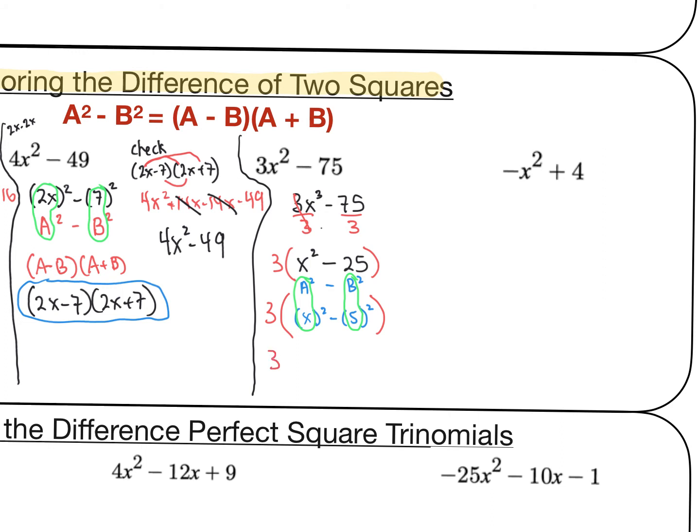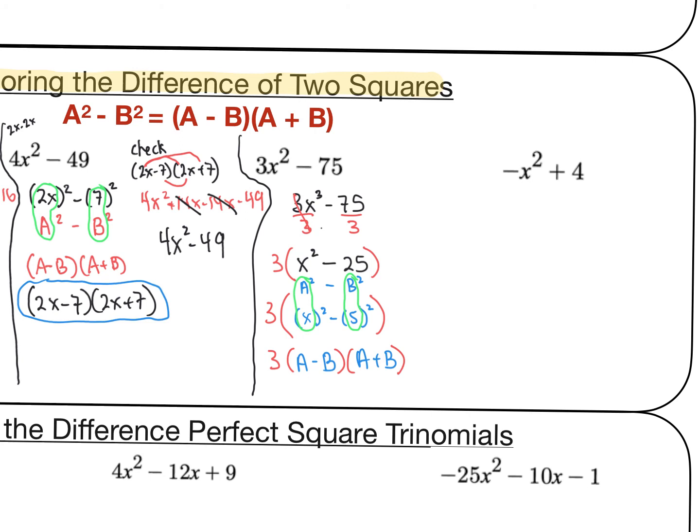So this would leave us the pattern. We would go 3, and then we would have the pattern a minus b and a plus b, like that. And these would just be dropped right in. So all the a's turn into x's and all the b's turn into 5s.